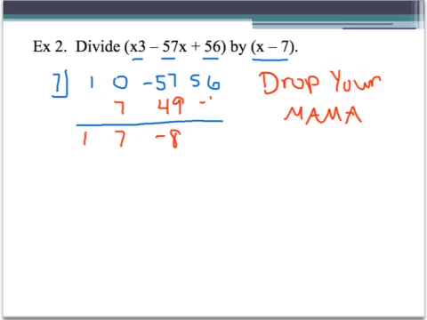Multiply again, and then add. And we see here now I have a remainder of 0. So I know that x minus 7 is a factor of that polynomial. And my answer becomes x squared plus 7x minus 8.